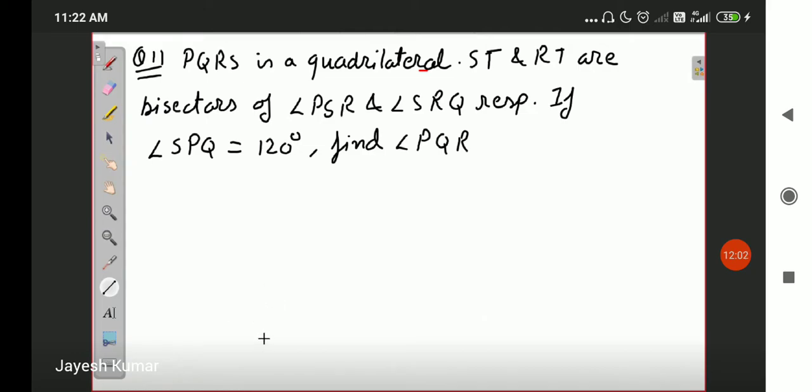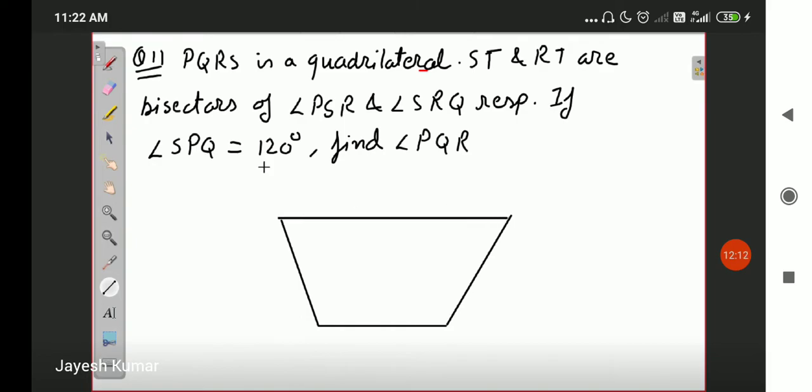See, you have a quadrilateral PQSR. P is the smaller length, and then this, and then this, and this is SR. The name is P, Q, S and R. Okay, this angle P is equal to 120 degrees.